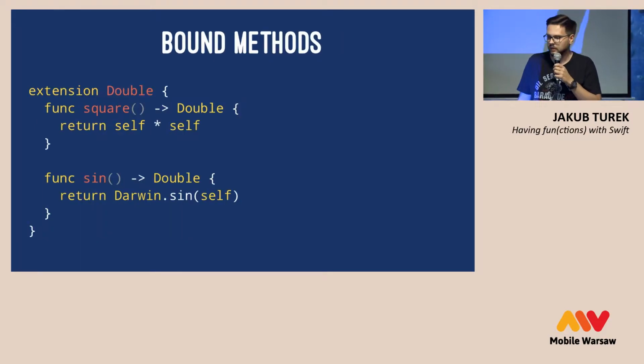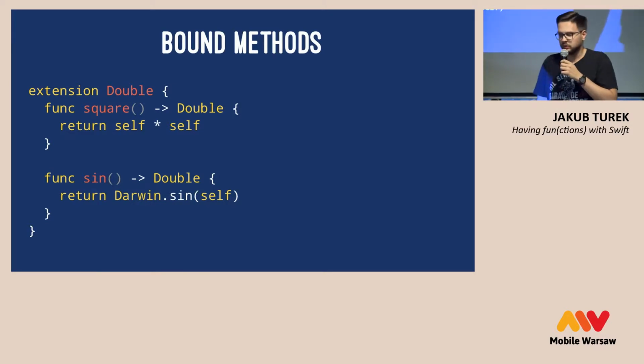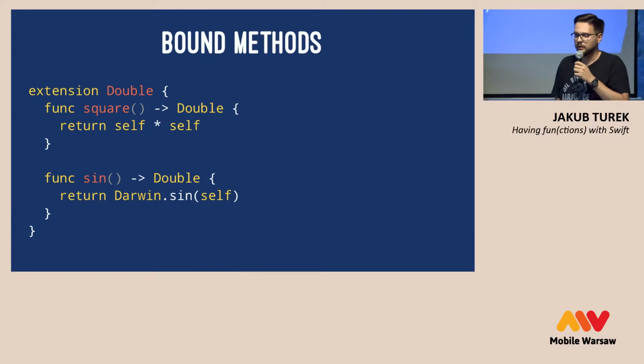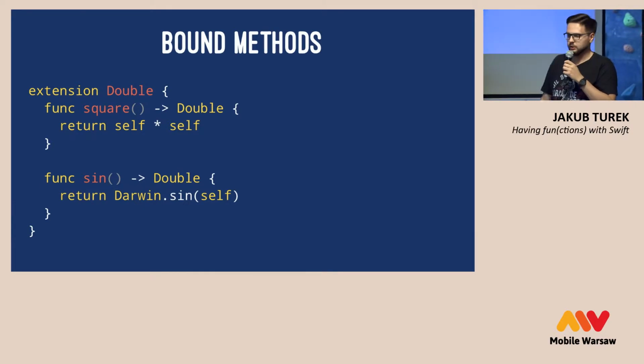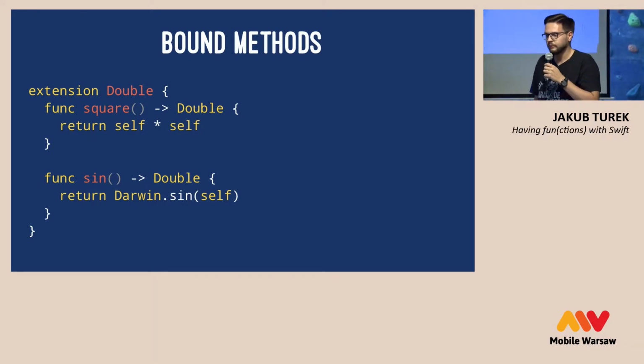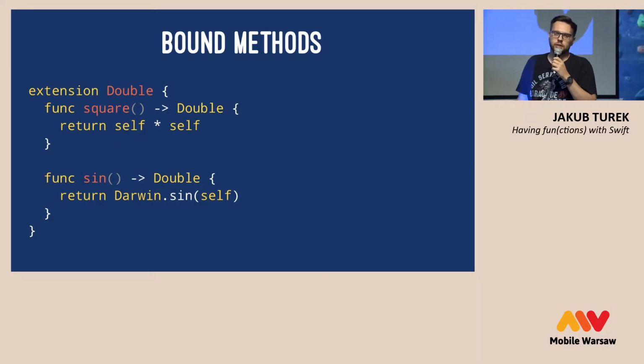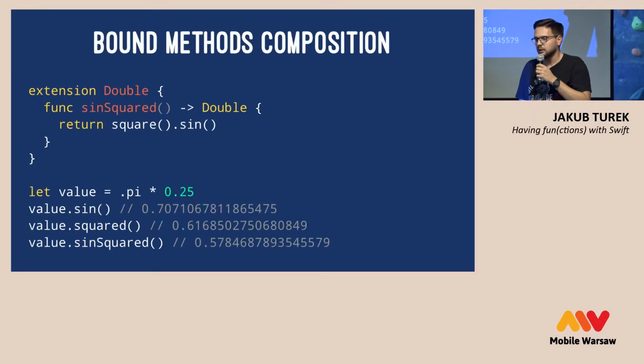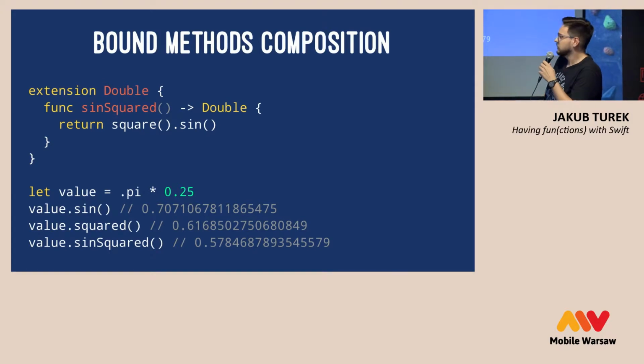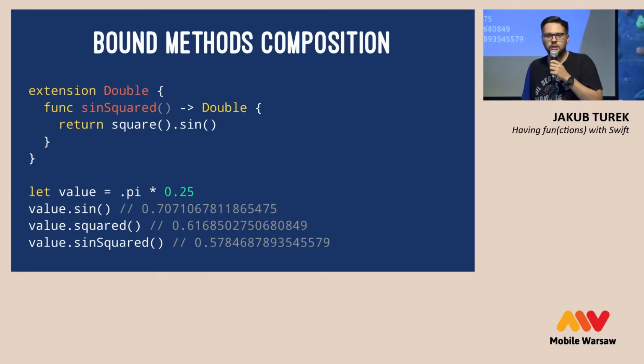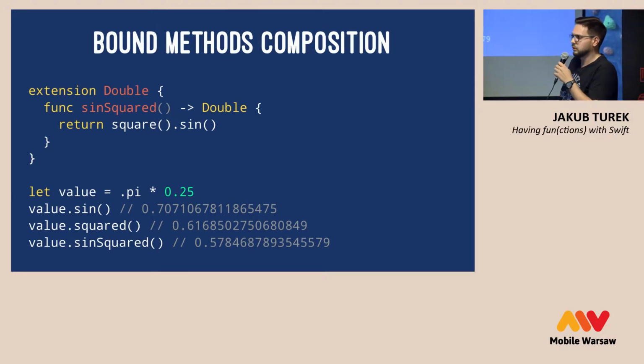Another one is with bound methods. Imagine that we have two methods like that, the square one and the sinus one, and now we want to compose them and possibly chain them together. In order to introduce another chained method, we need to write code in order to reuse it. That's basically another bound function.